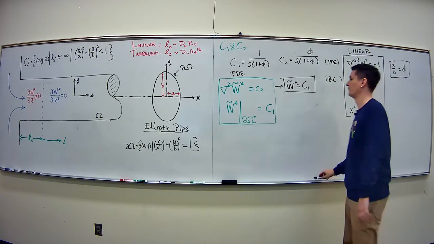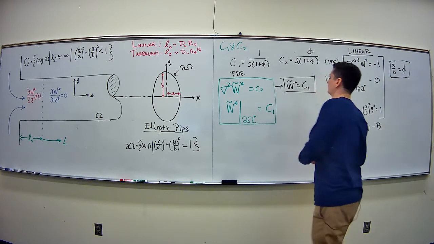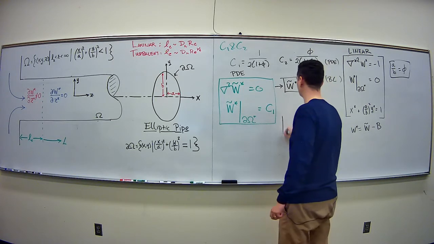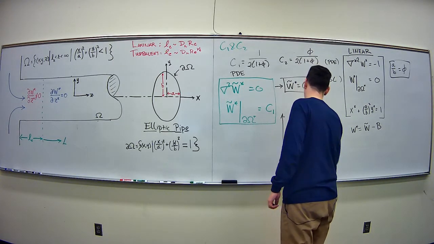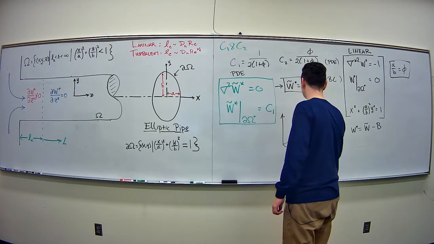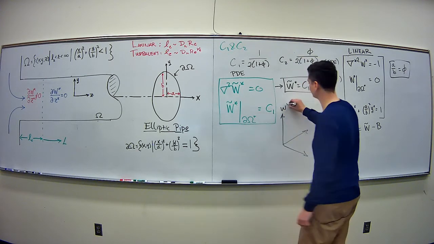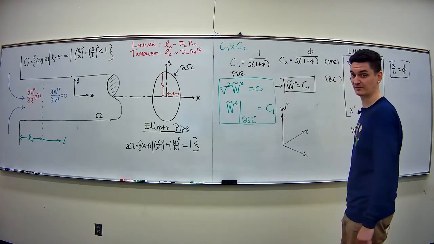One way to think of this is that you've broken the solution up, whatever it may be. This is actually W, so let's say it's W star.